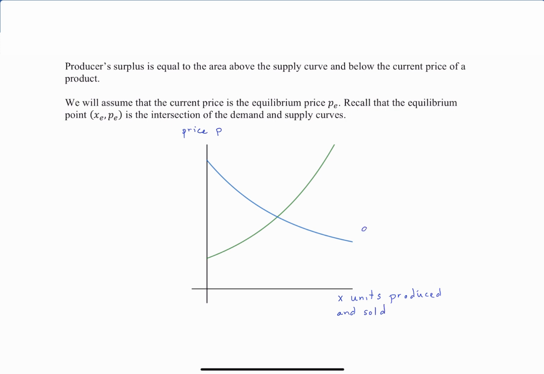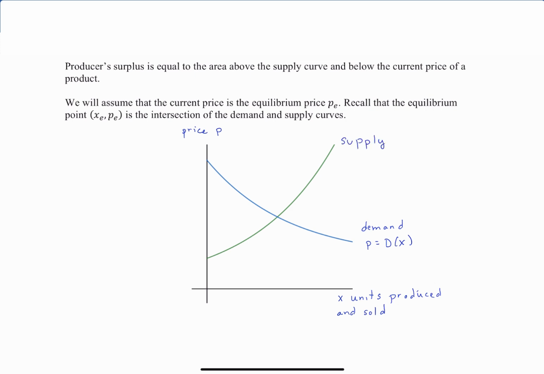The demand curve is the one that trends downwards. So it's this one that's P equals D of X. And the supply curve is the one that trends upwards.